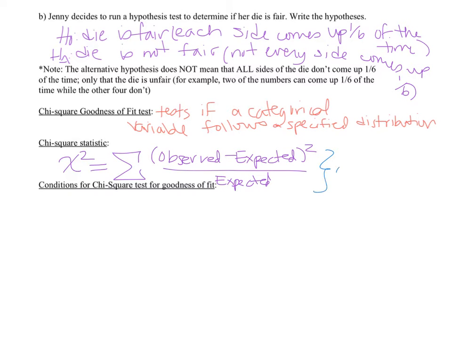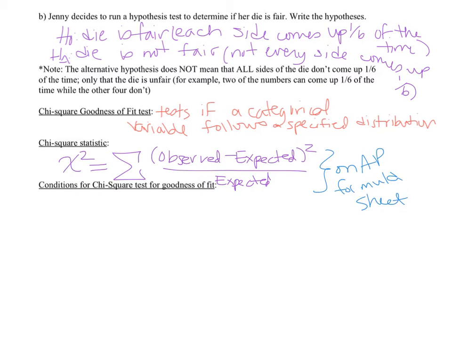And don't forget that this is on the AP formula sheet. This might actually be one of the few formulas that you actually will use. So try to understand it at least. And I'll go over an example in just a minute if you don't understand it yet.